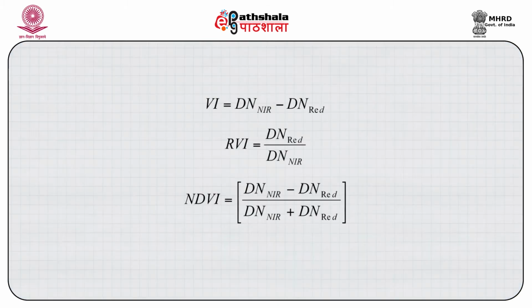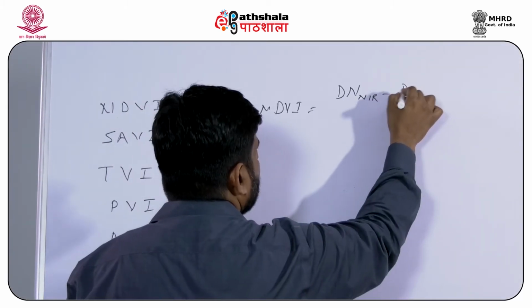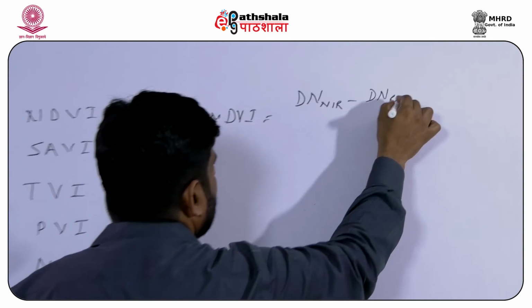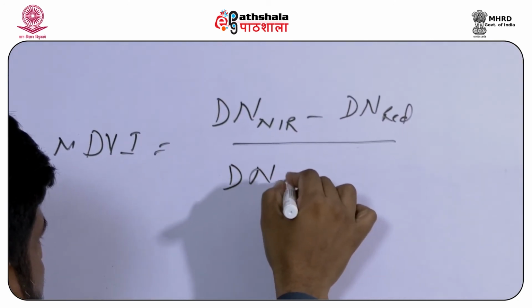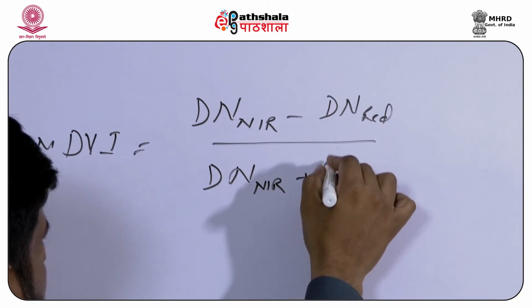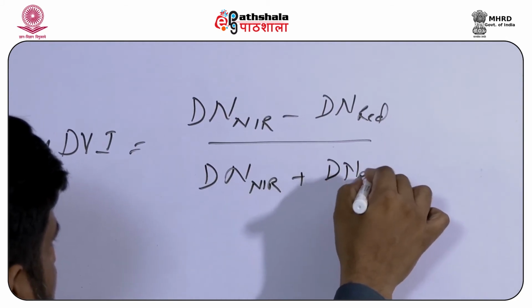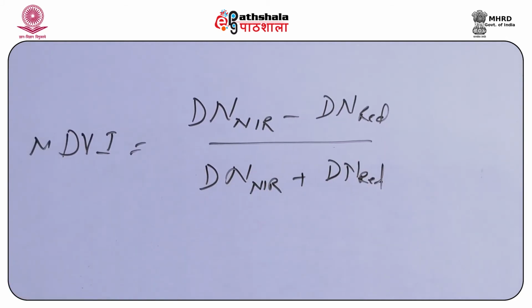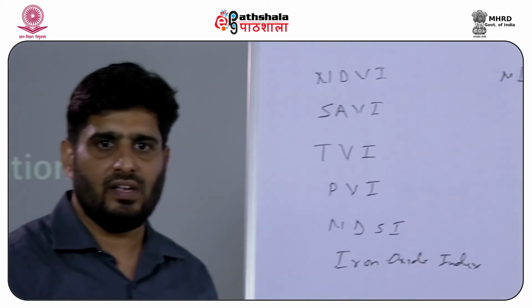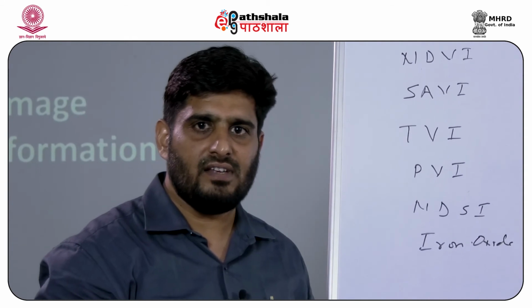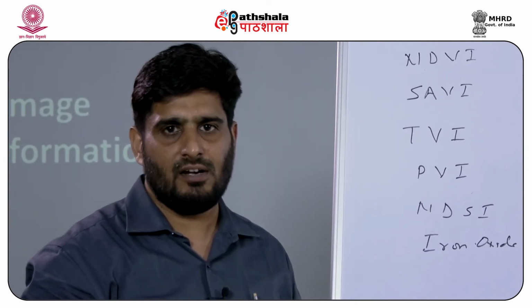So, mathematically we can write this as: it is simply the ratio of the difference to the sum of the pixel values in two different bands, that is the near infrared band and the red band.